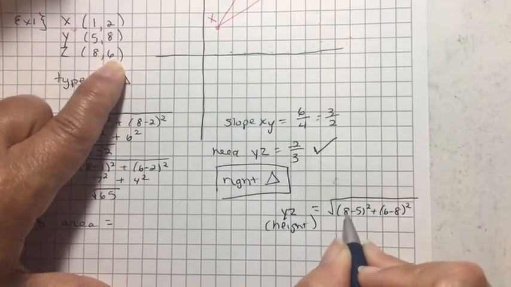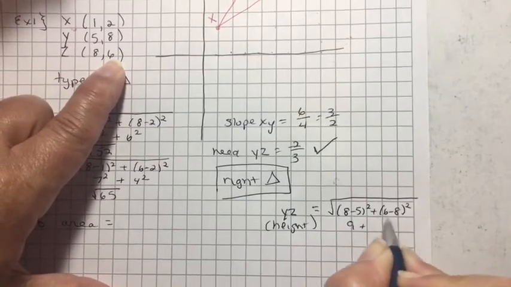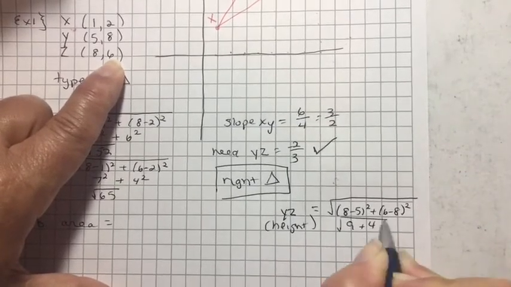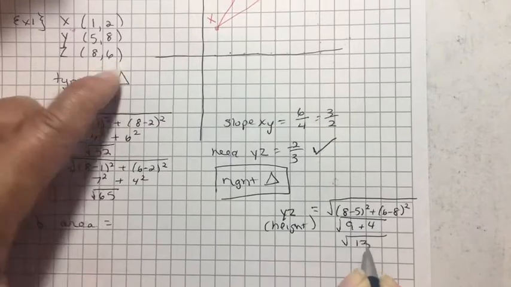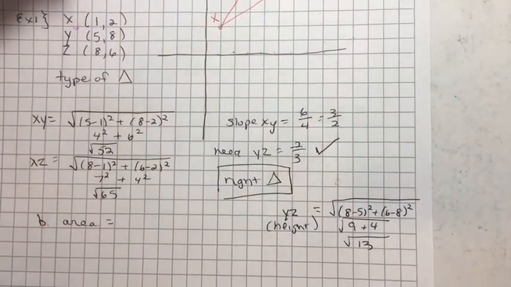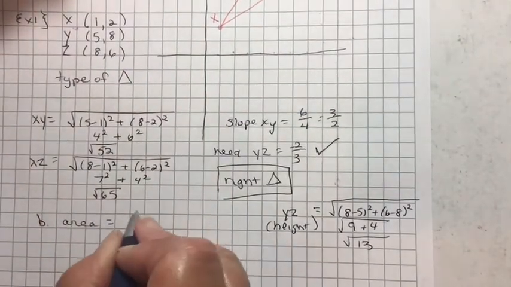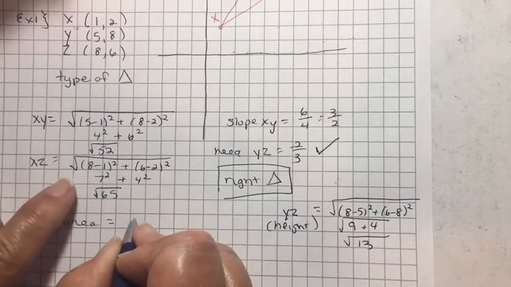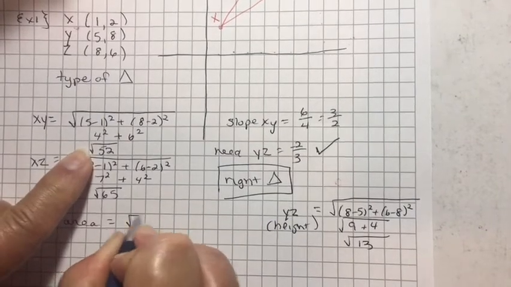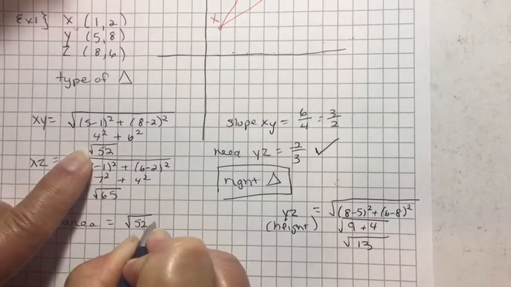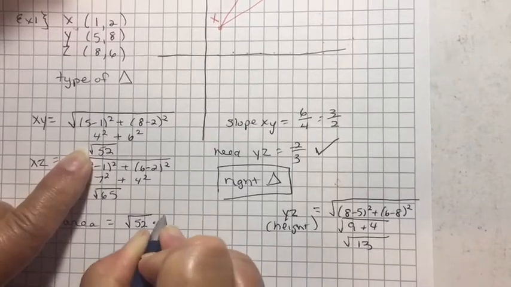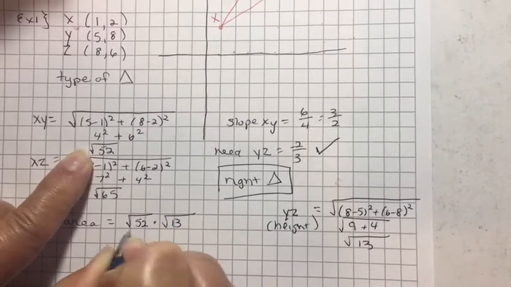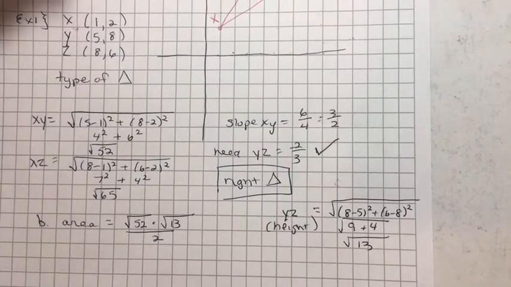So this is going to be 3 squared or 9. This is going to be negative 2 squared or 4. So this is going to be the square root of 13. So the area is the base, that was XY. We found that out to be the square root of 52, multiplied by the height, which is the square root of 13, divided by 2.